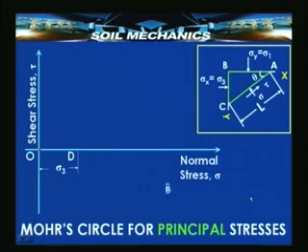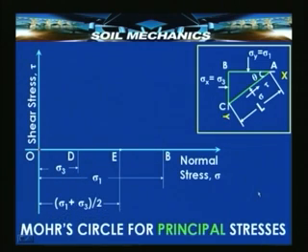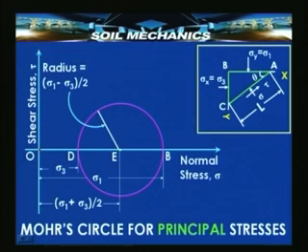Then choose the major principal stress on the x axis and get the point B. Obviously, the center has to lie between D and B at its midpoint. So, choose the center E at the midpoint of the length DB. It will be equal to sigma 1 plus sigma 3 by 2. Plot the Mohr circle with the radius as sigma 1 minus sigma 3 by 2.